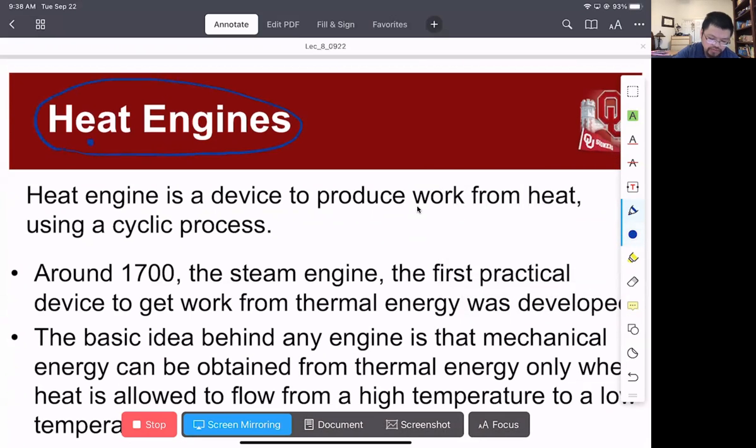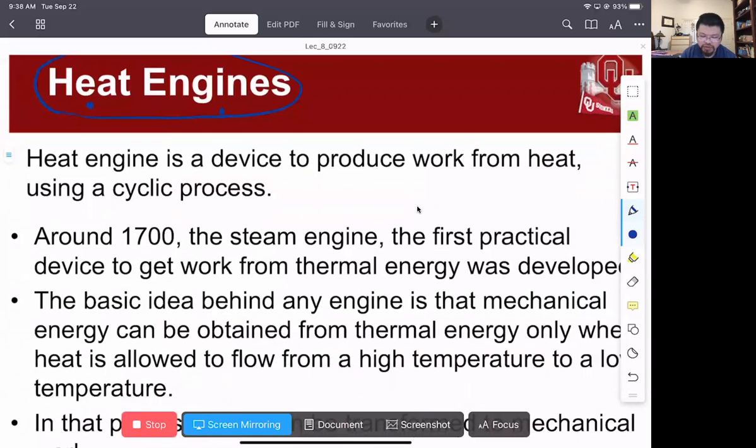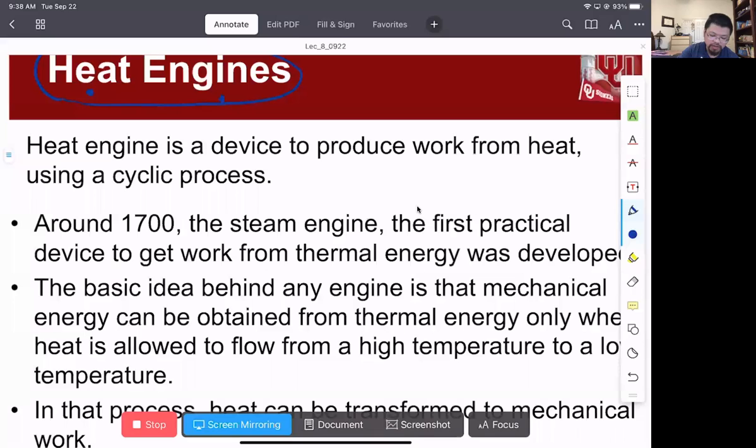So heat is for heat. Engine is going to produce or is requiring the work input. So heat engine was really the topic, the central focus of thermal around 1700.